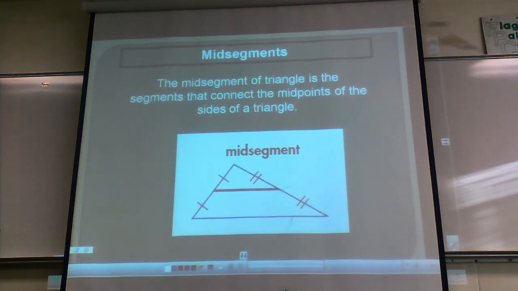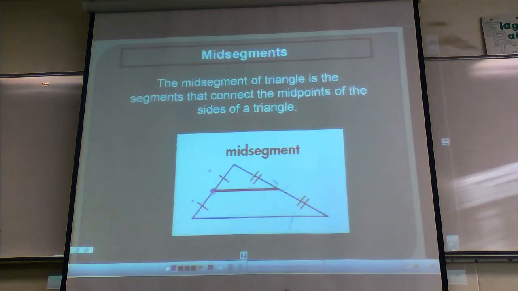Okay, so all we've dealt with in the past before this would be sides of an actual triangle, so now we're moving to the inside and dealing with the properties of these. When you look for these, the way you'll identify it is they'll either flat out tell you, hey, this is a midpoint, or you'll see the congruent marks here and here to identify that that is in the middle.